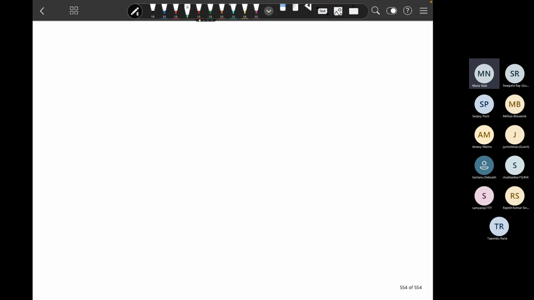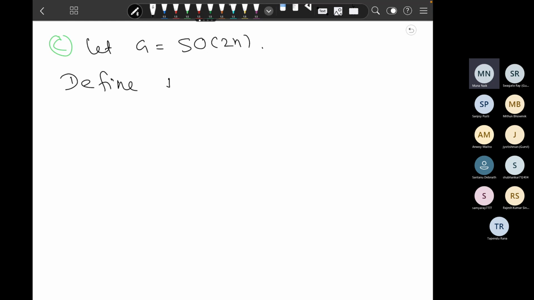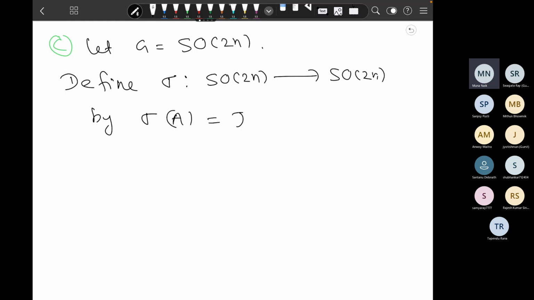So now see example C again. Let G be equal to SO(2N), and define the sigma from SO(2N) to SO(2N) by sigma of A is equal to J A J inverse. So what is J?